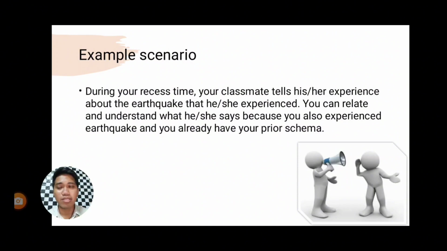You reply or react because you have already experienced that, and that experience is called schema or prior knowledge. Okay, so you understand what he or she is saying because you have already experienced that. You have your prior schema.